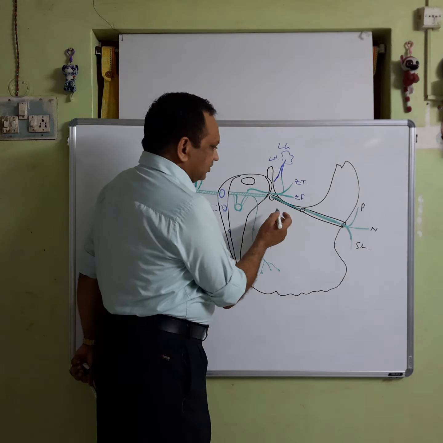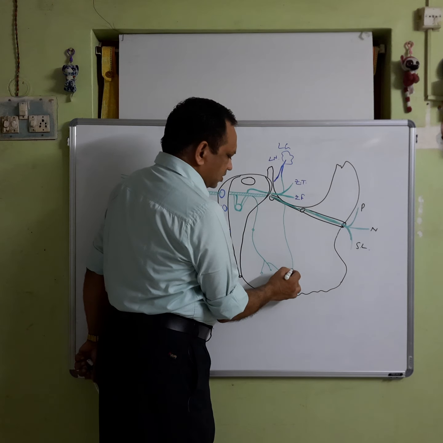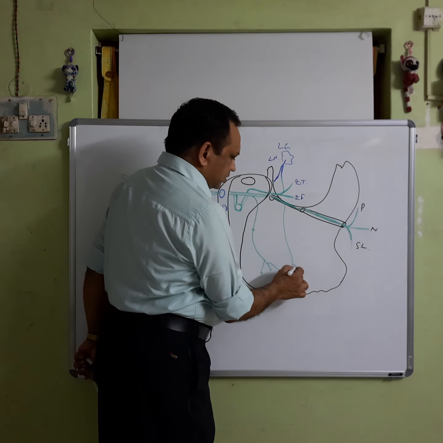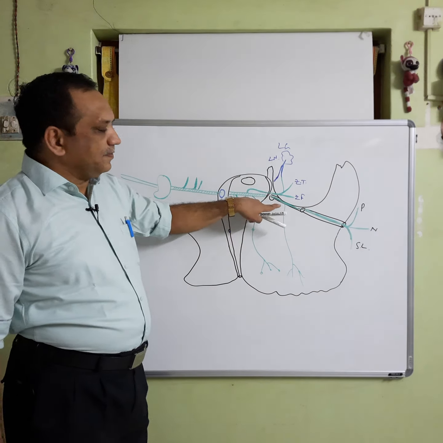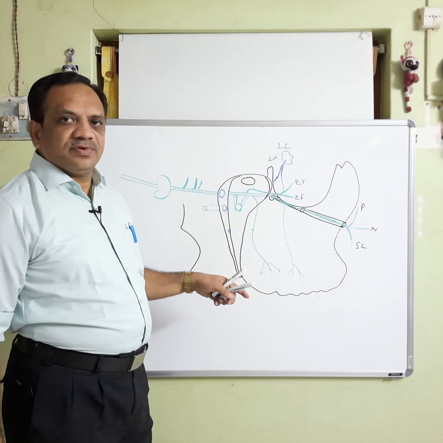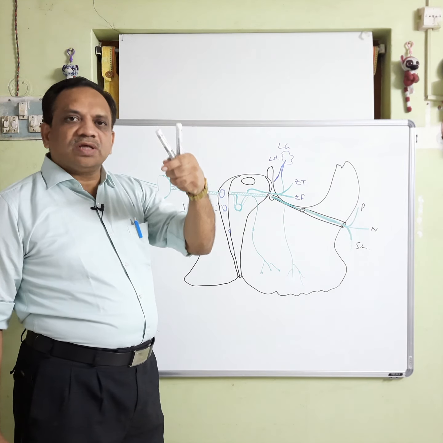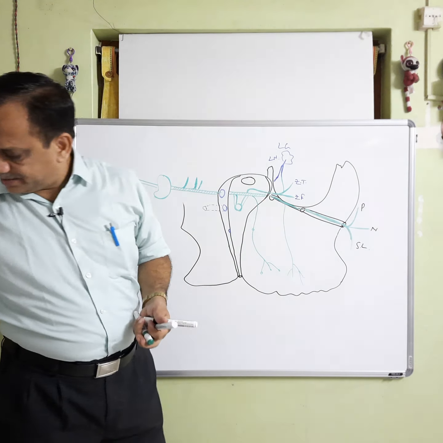So, here it gives another branch, which is called the middle superior alveolar nerve, which passes through the maxillary sinus. So, here is the maxillary air sinus.